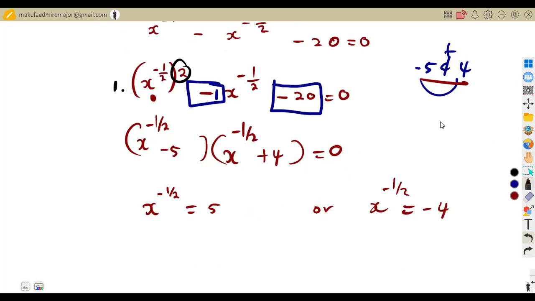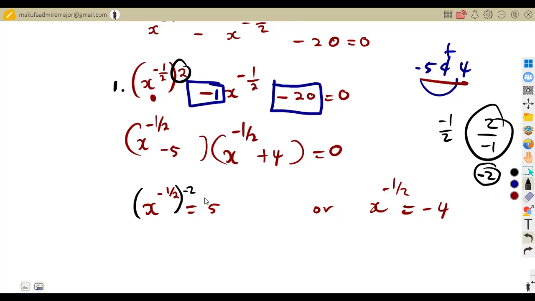The inverse of -1/2 is 2 over -1. What does 2 over -1 mean, guys? If you divide by 1, it's same as -2. So the reciprocal is -2, always. So remember, -half and -2, they cancel, we get a 1.